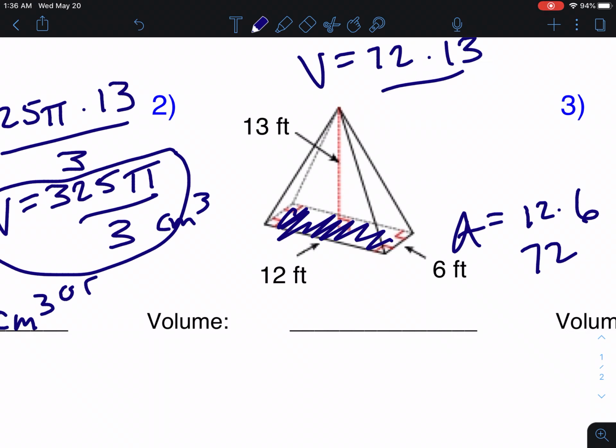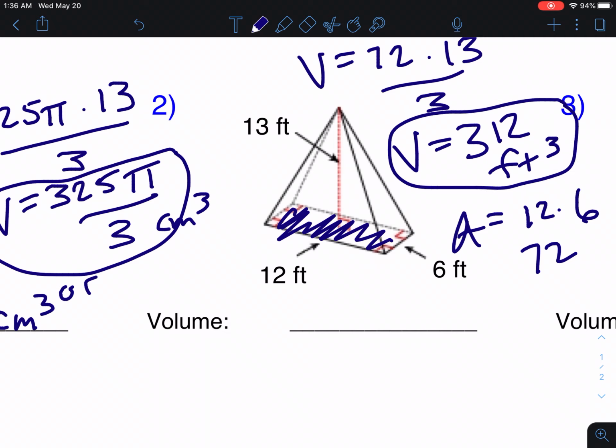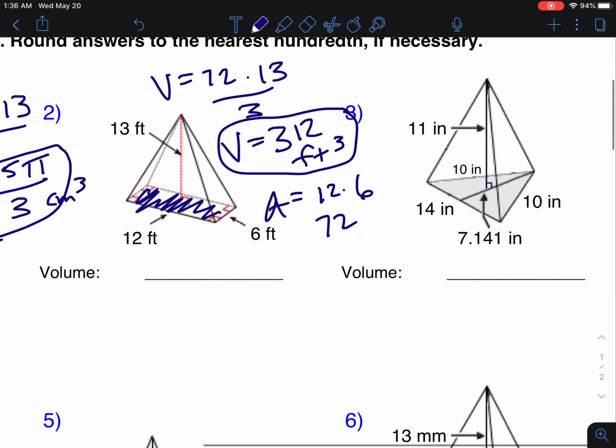And we're going to divide that by 3. Get out your calculator. And that gives us 312. So this would be 312 feet cubed. And no need for an approximate there. That's a nice, good, exact answer.